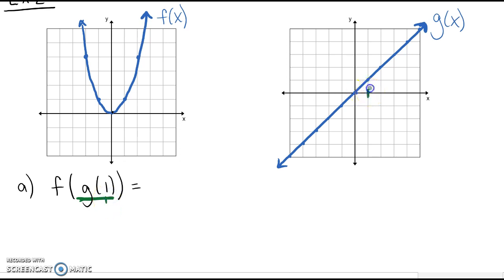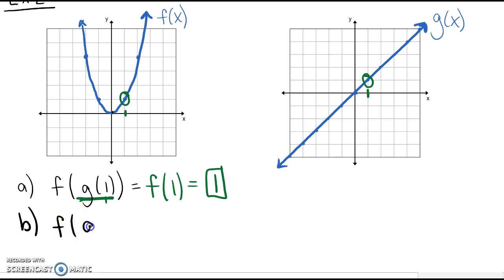So that's right here. And the y value is also 1. So I can rewrite this as f of 1. Now we go to the f of x function. What is f of 1? Here's 1, so f of 1 is positive 1. B, let's do f of g of 2.